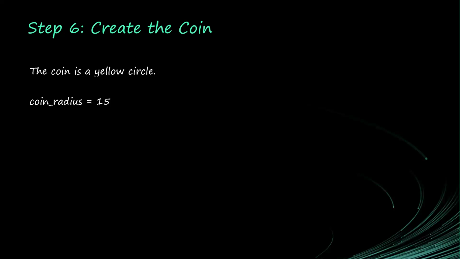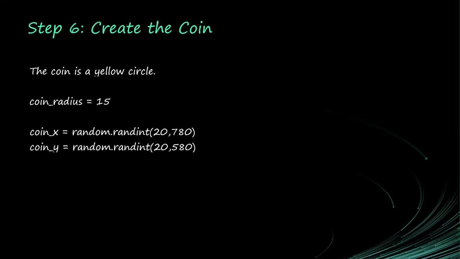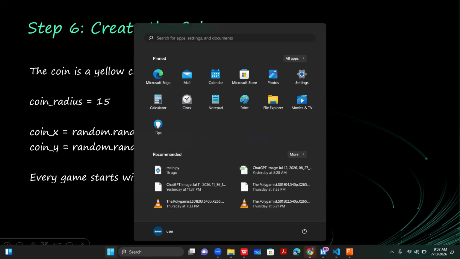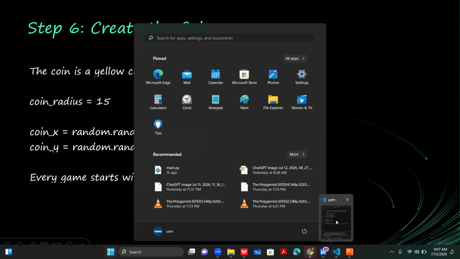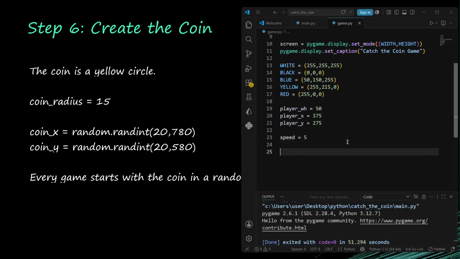So now our coin is going to be yellow. So now we have to create a circle. Every game starts with the coin in a random location. So the next thing is let us create our coin radius.